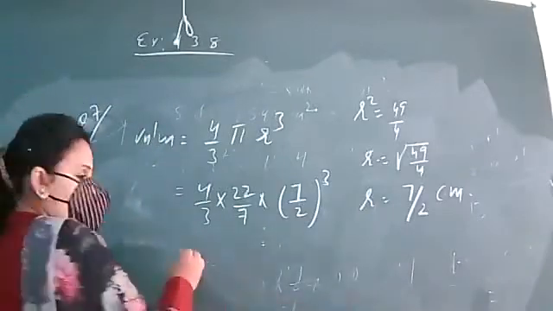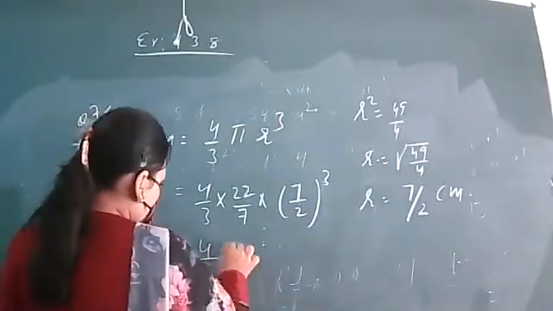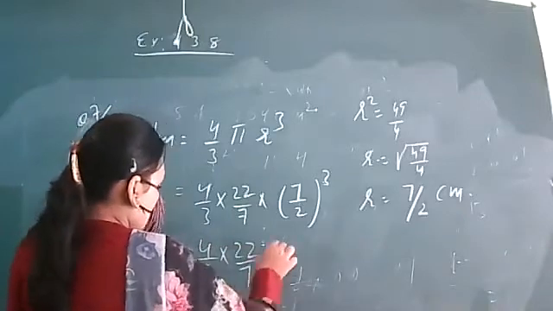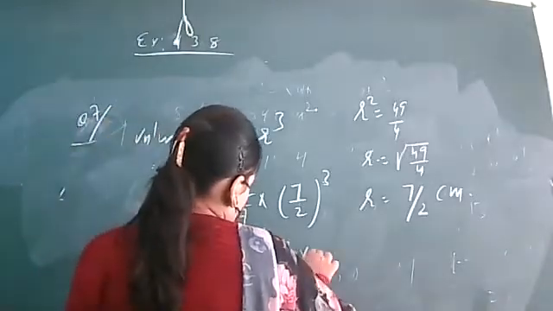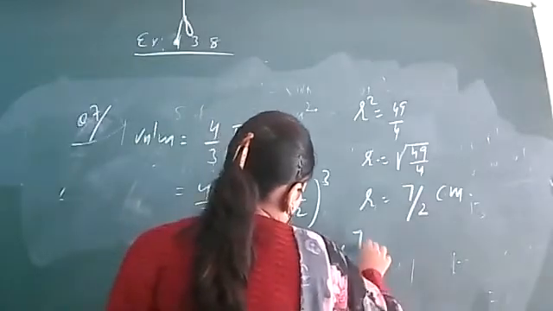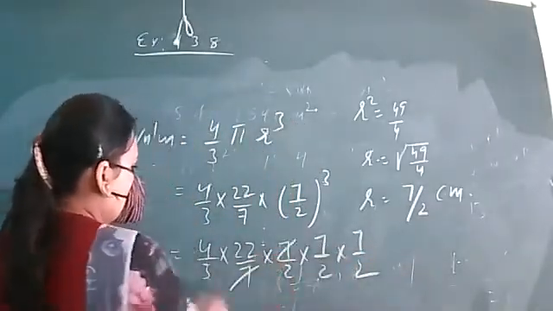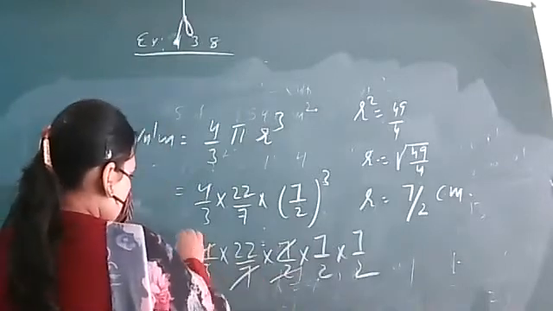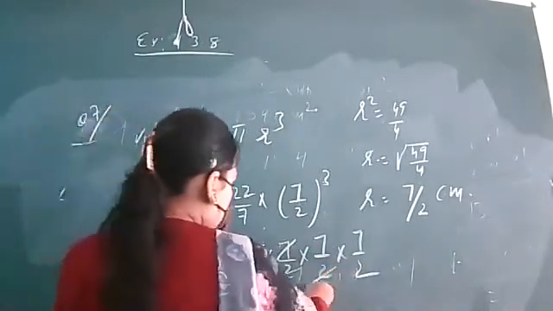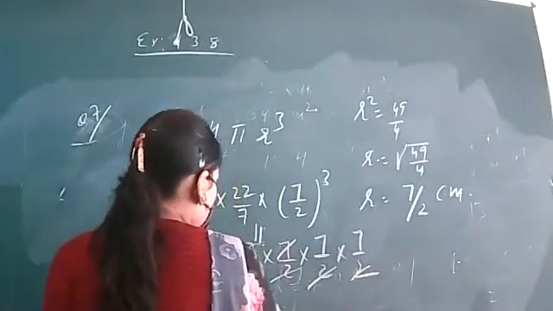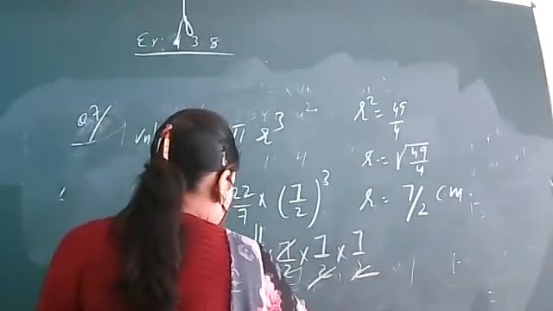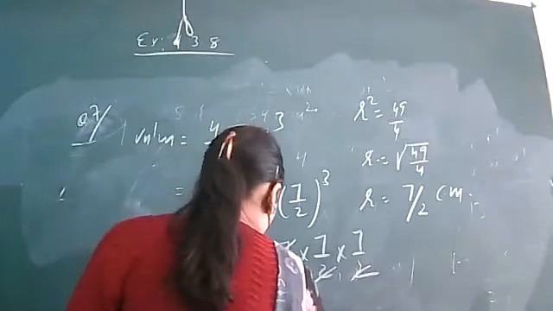So this is further equal to 4 by 3, 22 by 7, 7 by 2, 3 times, right? So 7 and 7 get cancelled, 2 2s are 4, 2 2 get cancelled, 11. So we are having 11 into 7 over 3.